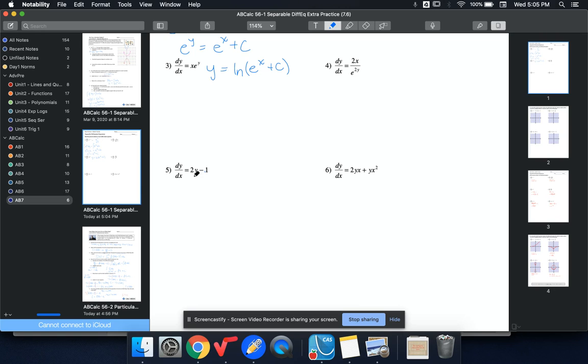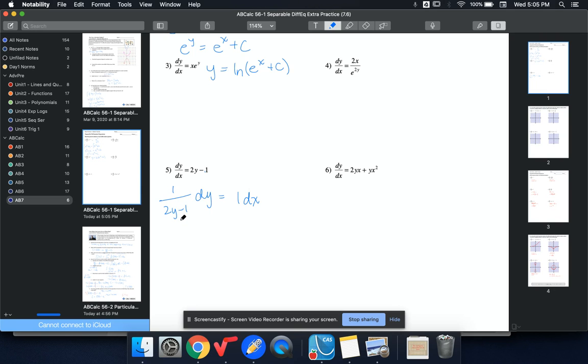You might be tempted to just subtract the 2y, but then notice that would be dy dx minus 2y. I wouldn't have the y together as a factor with the dy, so that doesn't help me. So I'm not going to do that. I'm going to divide by that whole quantity, so I'll have 1 over 2y minus 1 dy equals, well, when I divide that, I've got a 1 left on this side, so 1 dx.